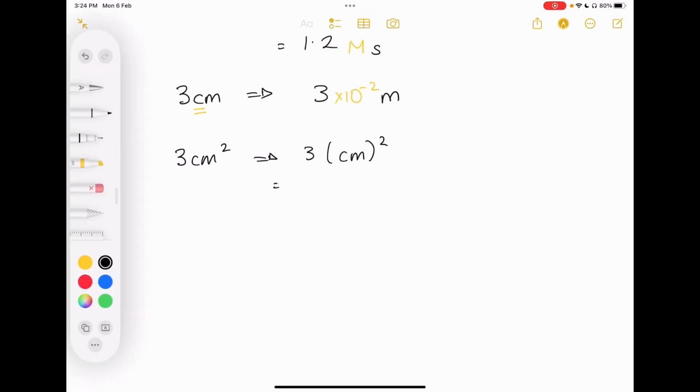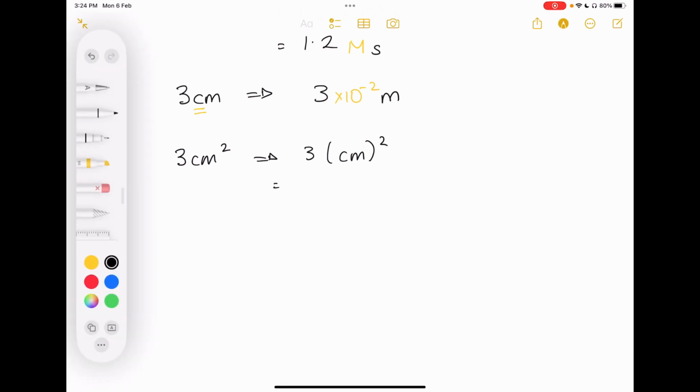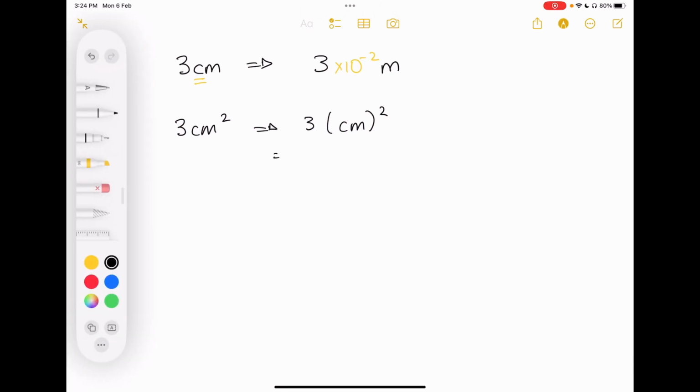So that means I've actually got 3 times (10 to the power of minus 2) squared meters squared. So I'm expanding that bracket. This means that this is actually 3 times 10 to the power of minus 4 meters squared. So 3 centimeters squared is the same as 3 times 10 to the power of minus 4 meters squared.